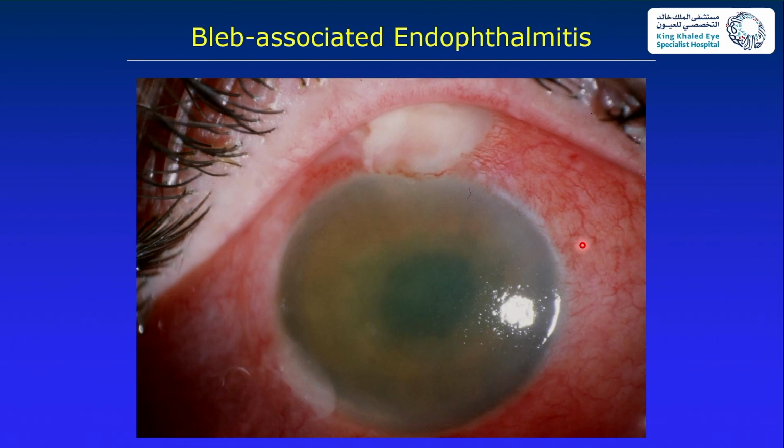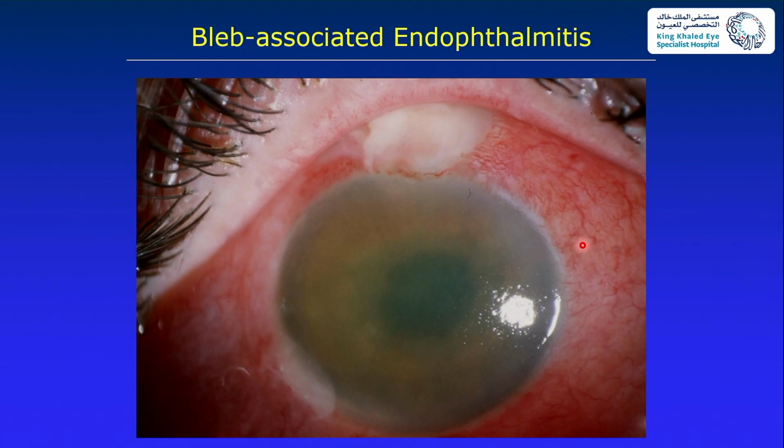So this patient, I still remember her, she presented like more than 10 years after having glaucoma surgery. But she was seen by an ophthalmologist before she came to our emergency room, who gave her antibiotic drops. So education is important.